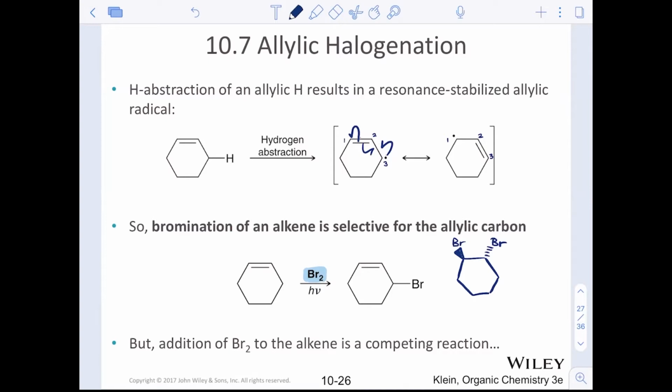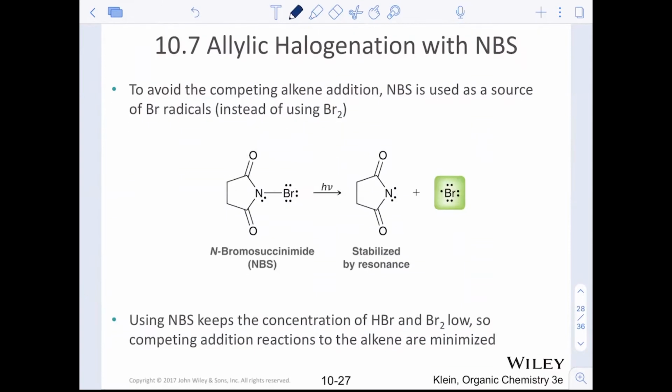Here it is written with light, but we have competition. Because there is so much Br2 in the solution, we can't make that homolytic cleavage happen for every single bromine diatomic. So we get these two different competing products. And so typically we do not like to use Br2 when we have an allylic position being brominated.